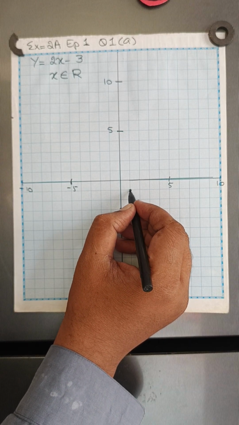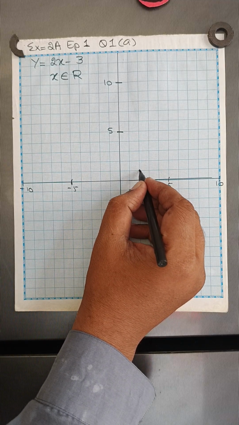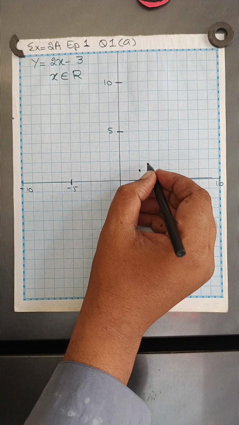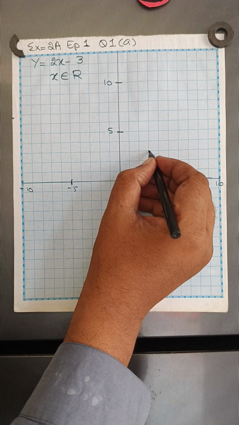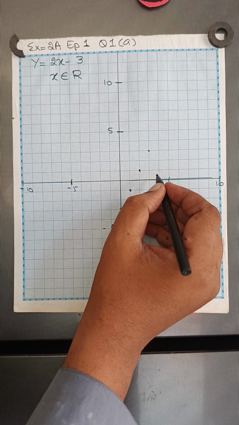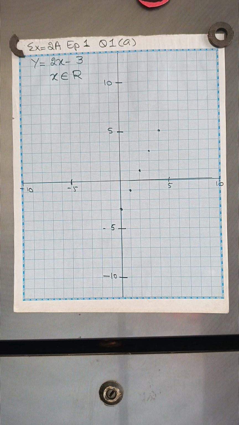At 2 the value is 1, at 3 the value is 3, and at 4 the value is 5. That's enough, because it's a straight line, so it's not a big problem.